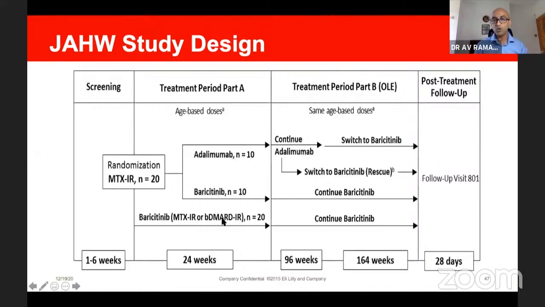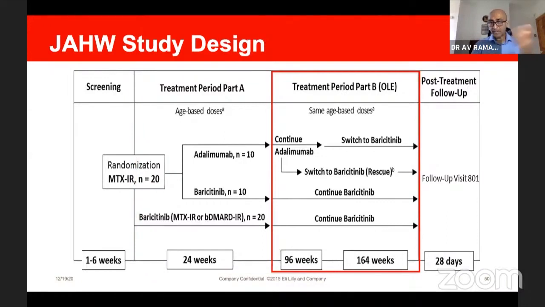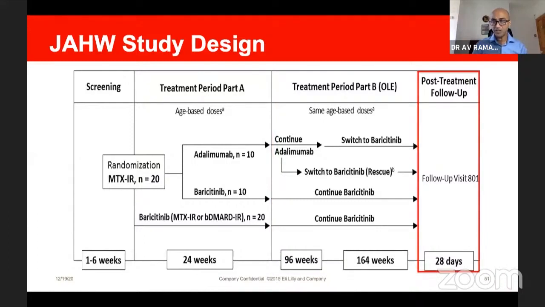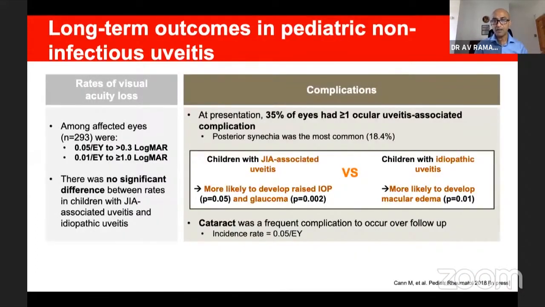And we'll also take a cohort, which is both anti-TNF and methotrexate refractory, to see if baricitinib can be effective, not just in the methotrexate refractory population, but also in the TNF refractory population. And then we have an extended follow-up period for a couple of years. We're hoping to finish this study by the second half of 2021. So the next time I speak to you, I can give you the baricitinib results, as well as probably some early results from the trial I'm running with Nisha.